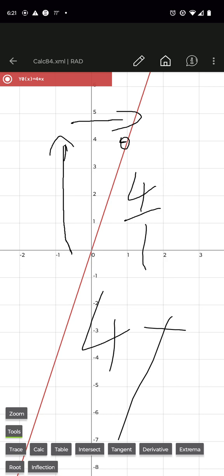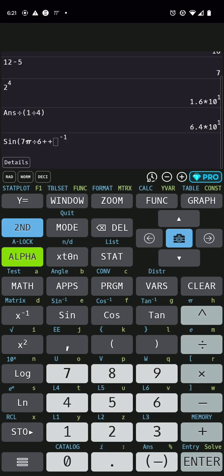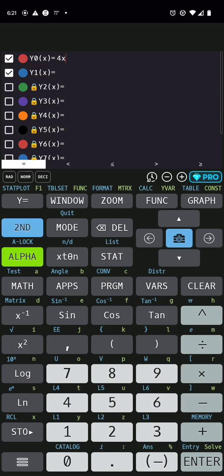which means 4x. Now we're going to move on to something a bit more complex. Let's say you have something like 4x minus 5 plus 2.